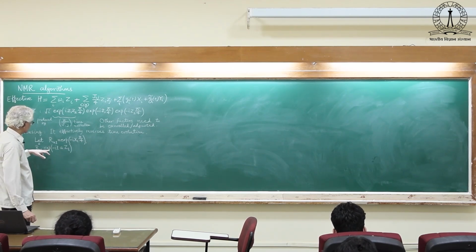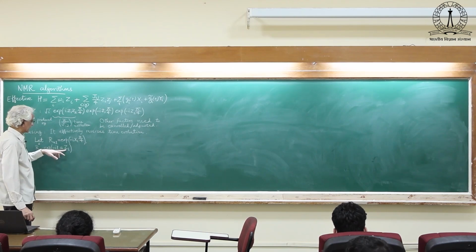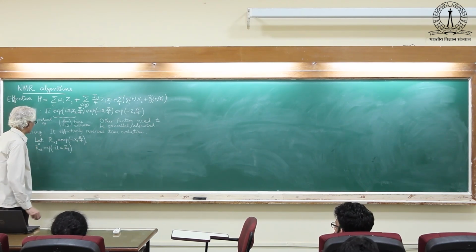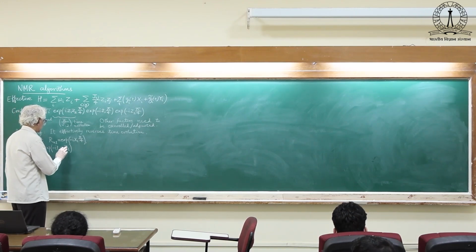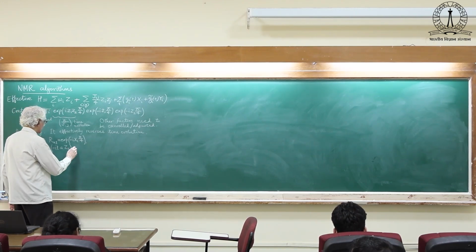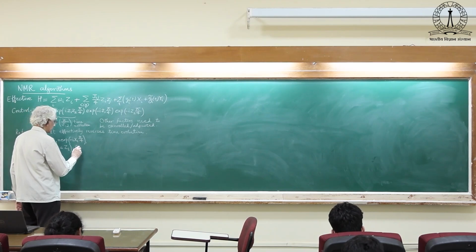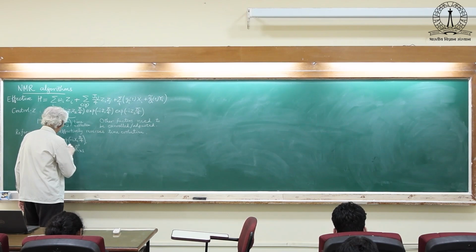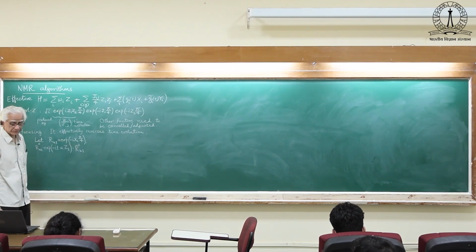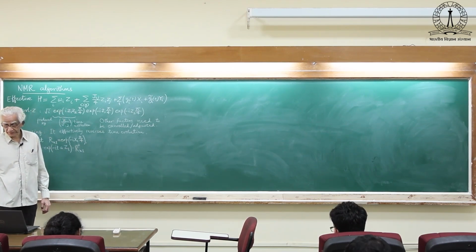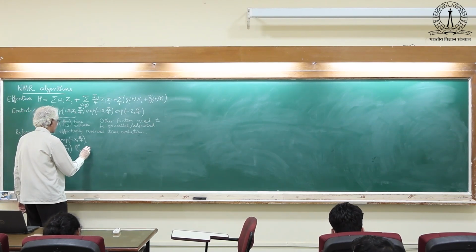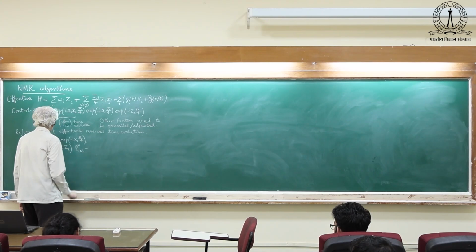All the dependence of z on the first qubit is in this particular factor. This can be anything which doesn't depend on the first qubit. Okay. And then apply the same sequence again. And then the job is to work it out.